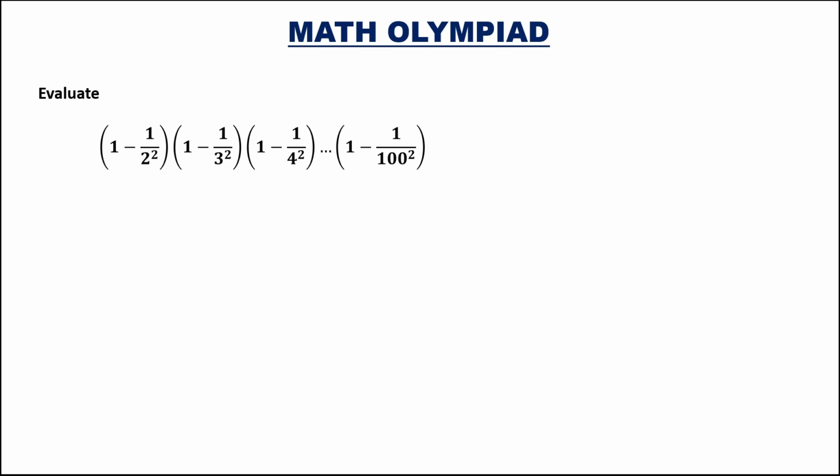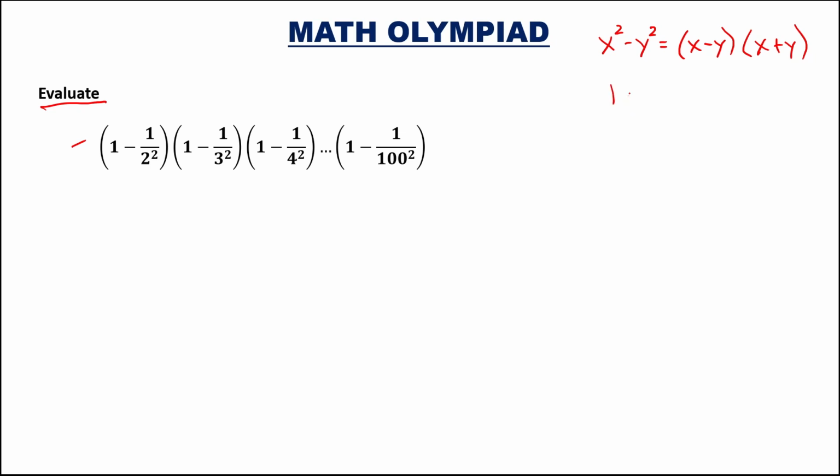So for this problem, to evaluate this given equation, first, from the difference of two squares, if we have x squared minus y squared, to expand, this is equal to x minus y, then times x plus y.